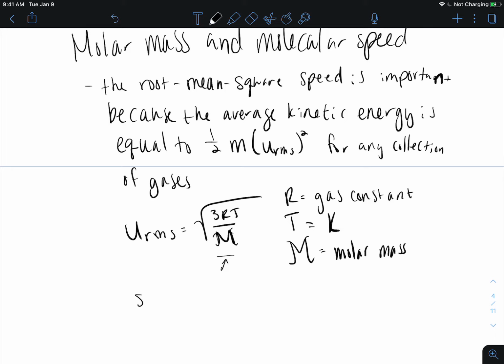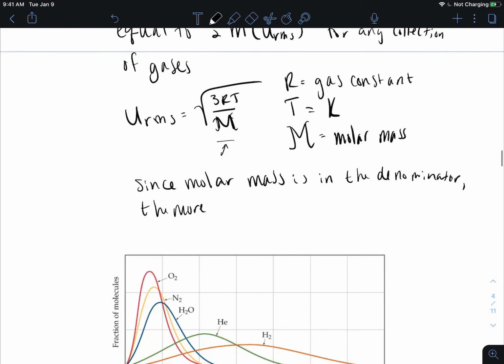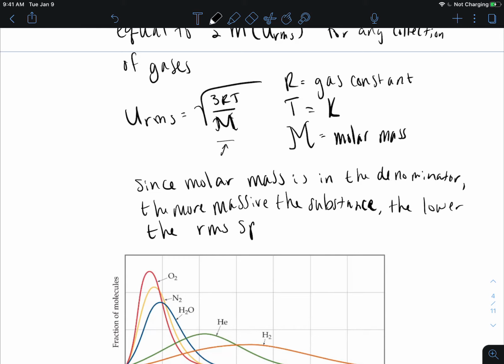Since molar mass is in the denominator, the more massive the substance, the lower the root mean squared speed, despite having the same average kinetic energy.